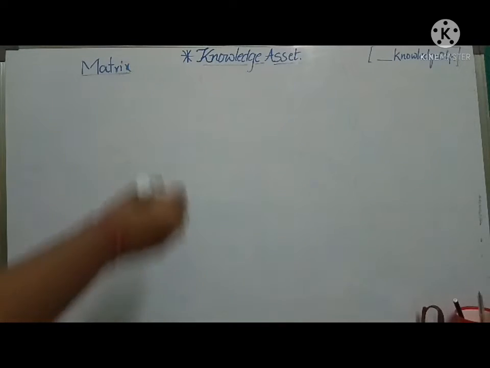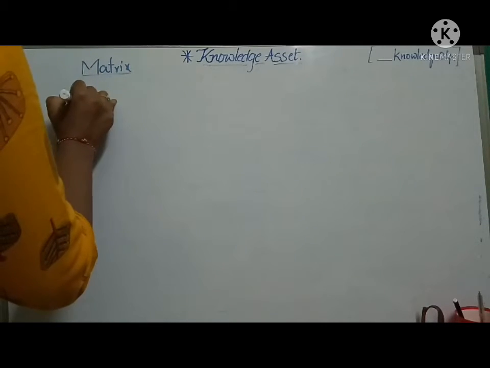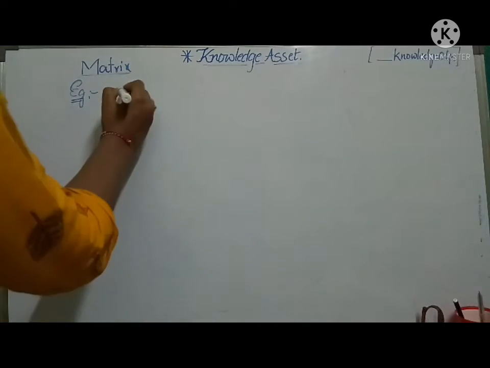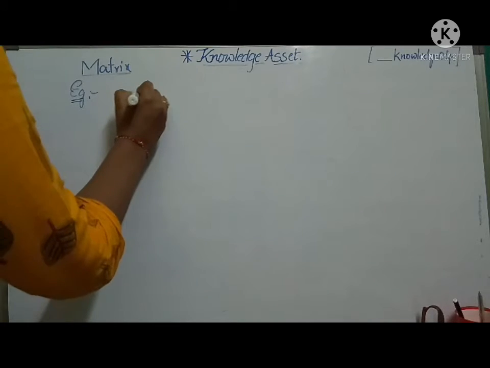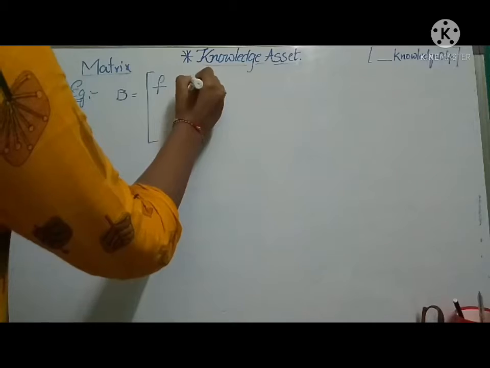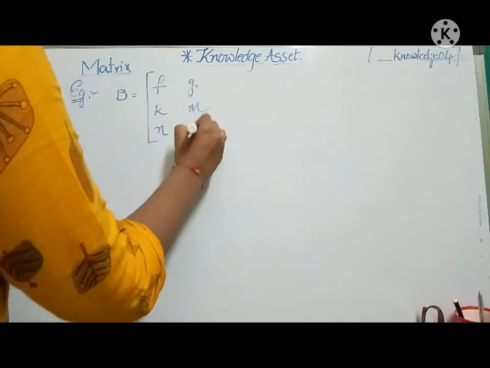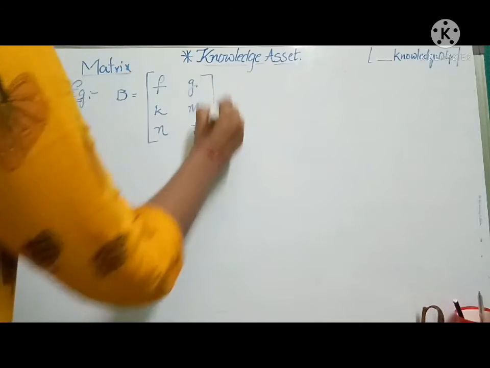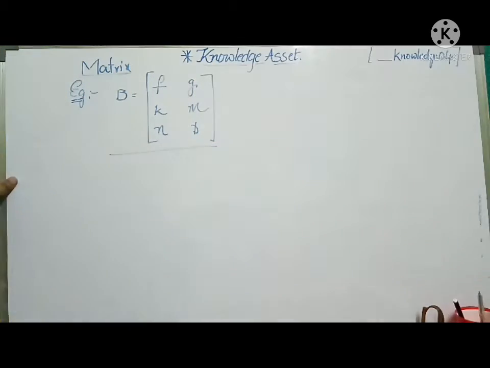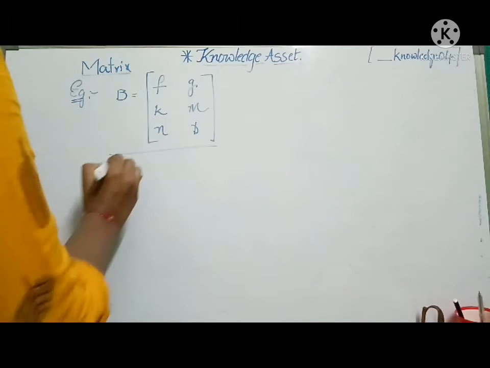Now let's see one more example. Okay, let B be a matrix consisting of an array of elements F, G, K, M, N and R. This is a matrix and here m is the number of rows.